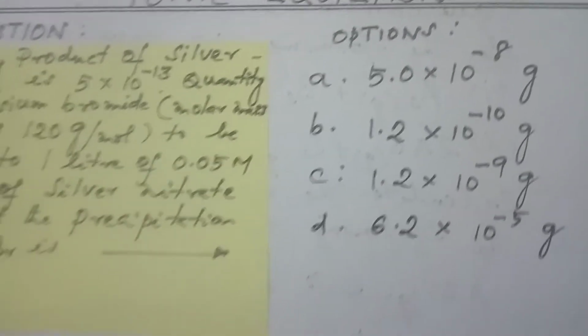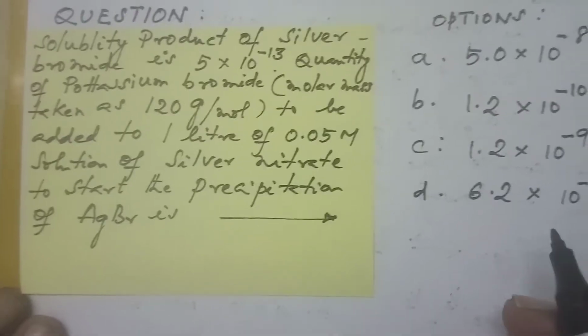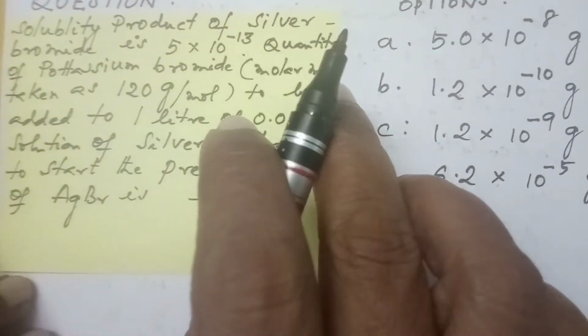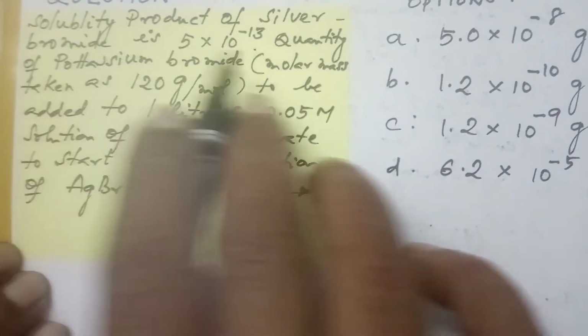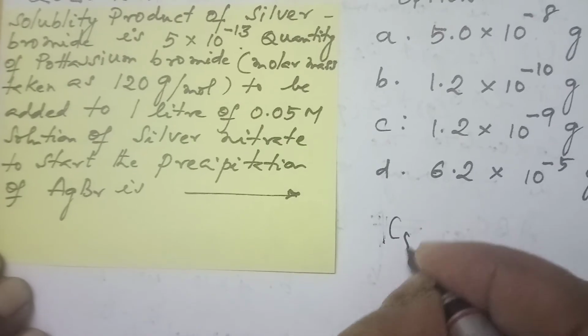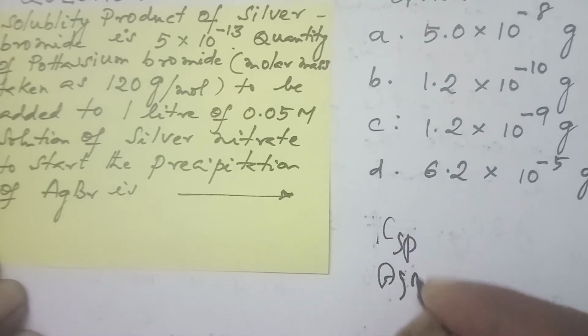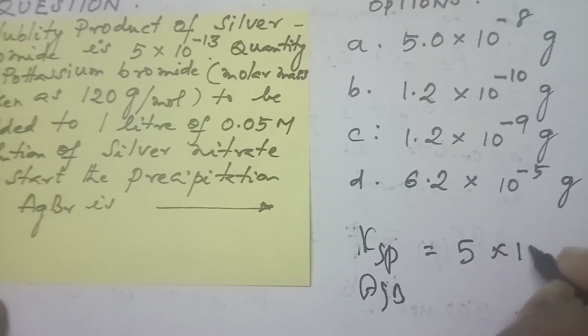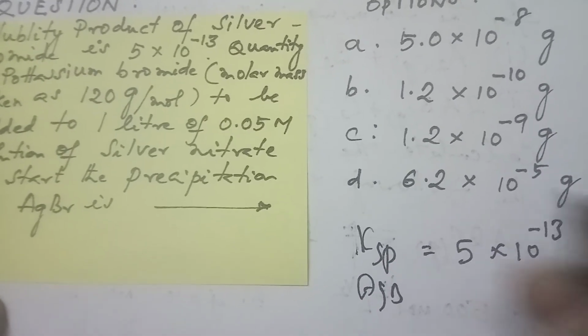So now let us see what things are given. Two chemicals are given. Let me write the given data: solubility product of silver bromide is equal to 5 into 10 power minus 13.